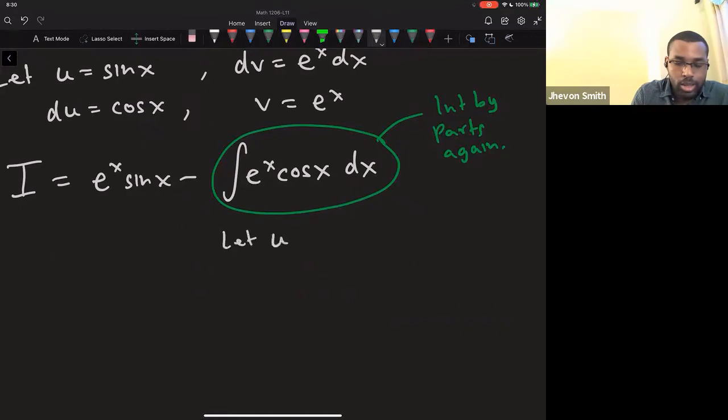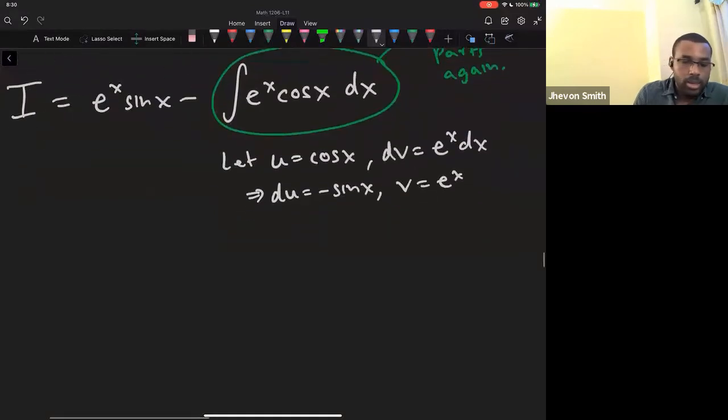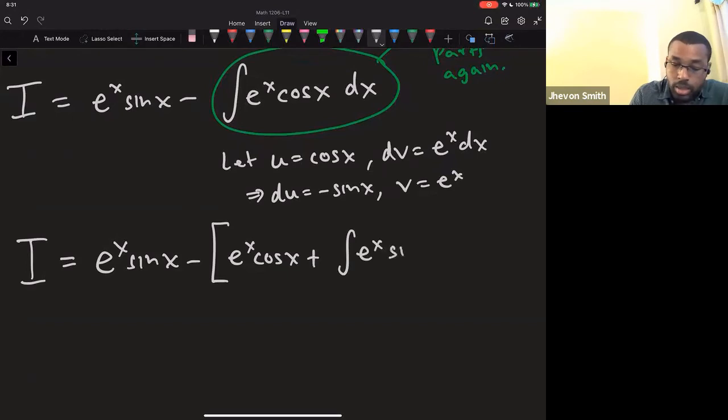LIATE, let u equals the cosine, dv equals e to the x dx. Then your du would be minus sine of x. Your v would be e to the x. And so I'm going to do integration by parts again inside these parentheses. u times v minus the integral of v du is going to be a plus sine x here.